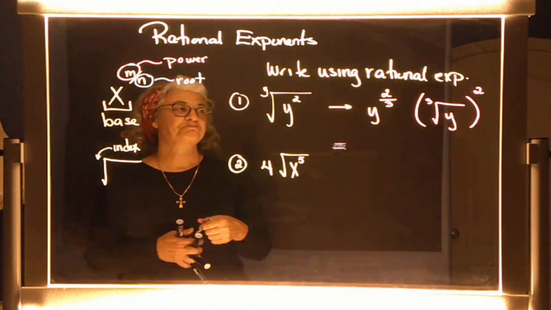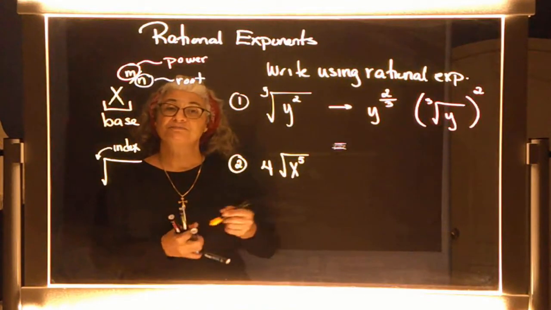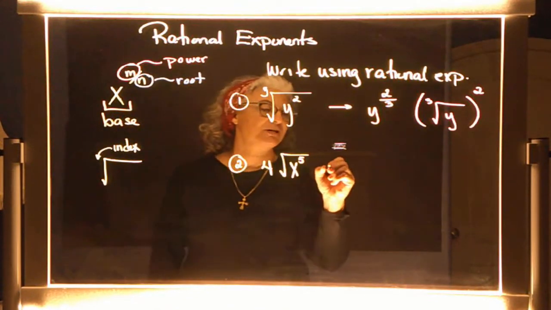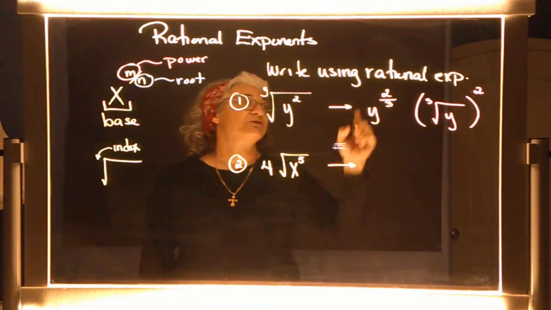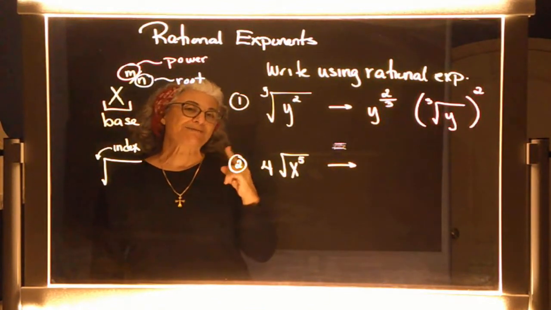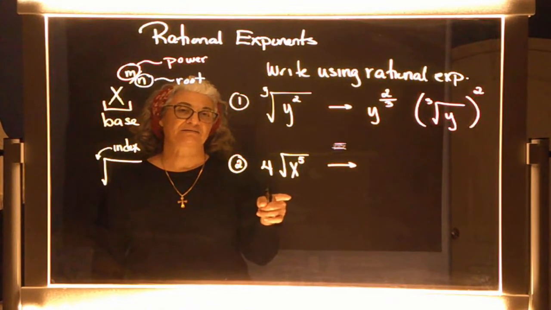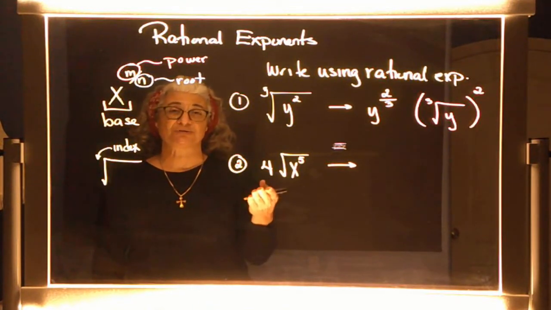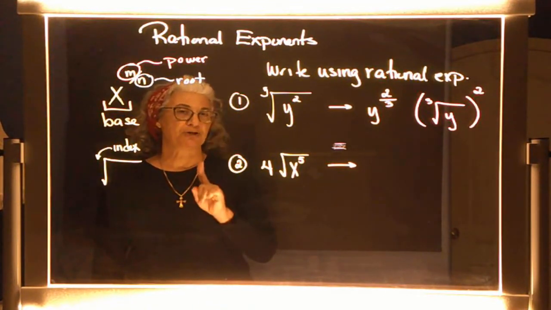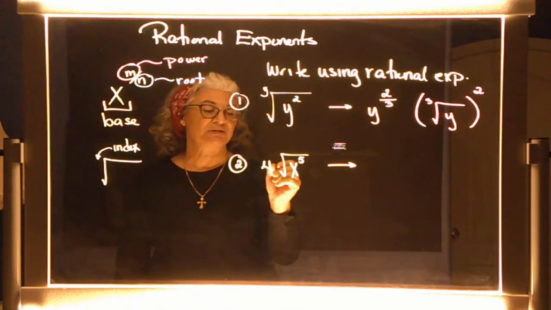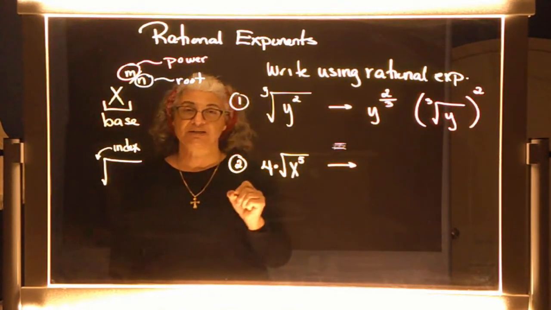With me? Okay, so let's start writing this. Remember, we want to write using a rational exponent. So what's my base? Some of you are like, it's the 4 and the x. Some of you are like, I have no idea. What's that 4 doing there? I get it. Remember, the operation between the 4 and this root is a multiplication problem, right?